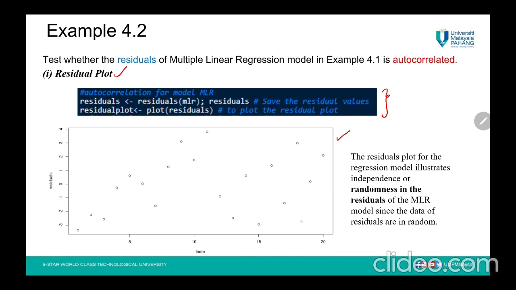It can be seen from the plot that the residual values here are randomly distributed, which illustrates independence or randomness in the residuals of the MLR model. So we can say the model errors here are uncorrelated.